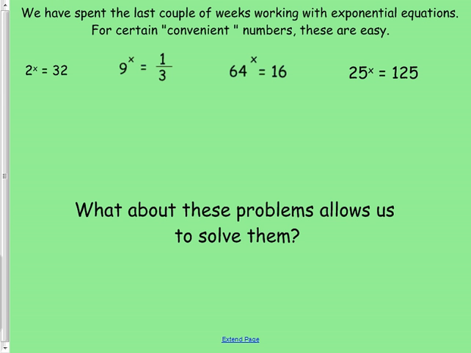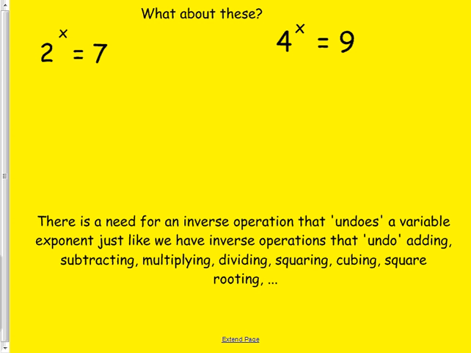All right, over here, this is just a reminder of what Jack was saying. Can't you just make the bases the same? Yeah, if we pick certain convenient, nice numbers, yeah, we can make the bases the same. But what if you can't? Like here, the 2 and the 7, they don't have the same base. And the 4 and the 9, they don't have the same base.